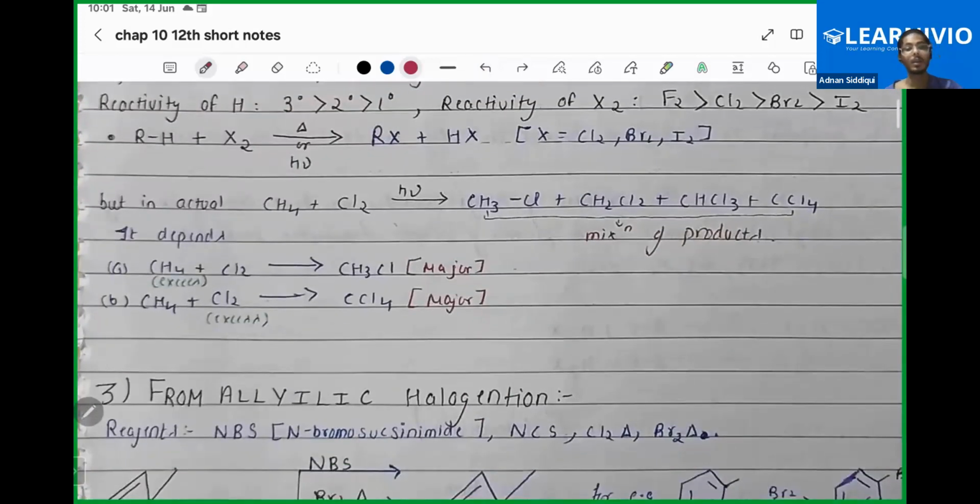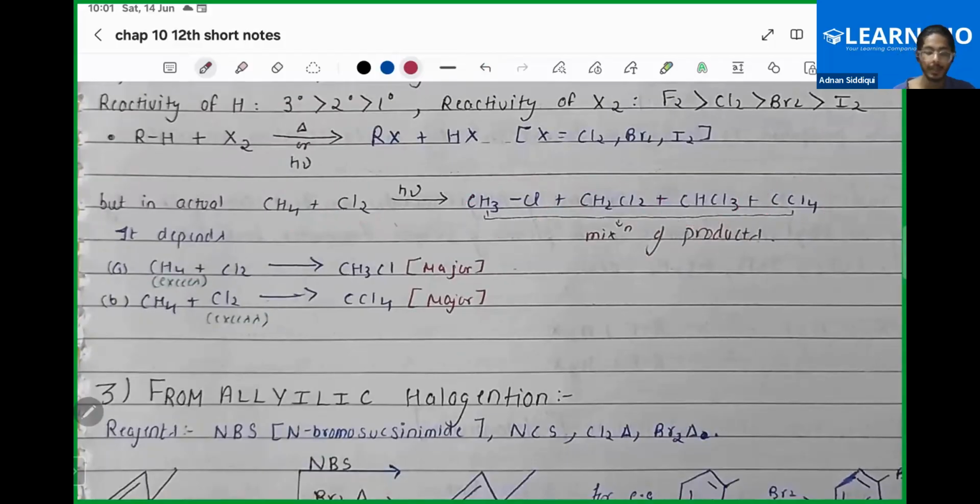Now, if you are reacting methane with Cl2 in presence of sunlight, in actual what happens? You get a mixture of products. Suppose this Cl2 is substituting only one hydrogen in one case. It might substitute two hydrogens, three hydrogens, or it might substitute all the hydrogens.